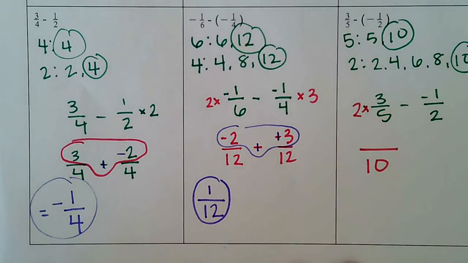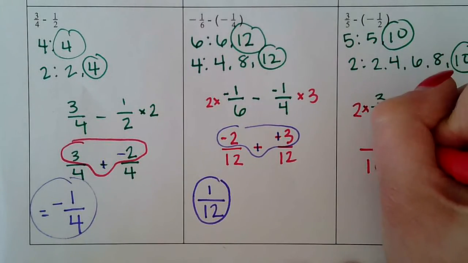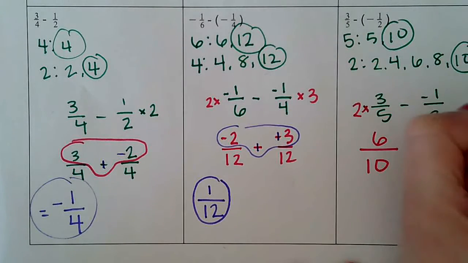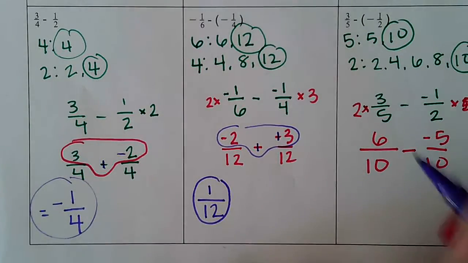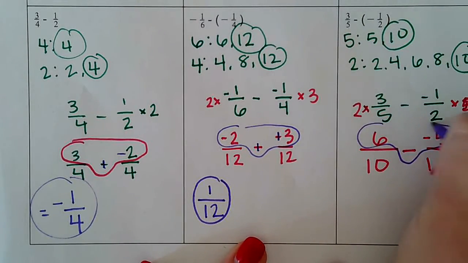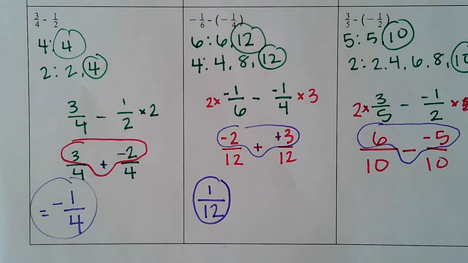Since I multiply the denominator by 2, I'm going to multiply the numerator by 2, getting me 6. My symbol stays the same for a moment as I continue rewriting my problem with my common denominators. To get from 2 to 10, I multiply by 5. Since I multiplied 2 by 5, I multiply my numerator by 5. Now, since I have the same denominator, I can focus solely on my numerator.